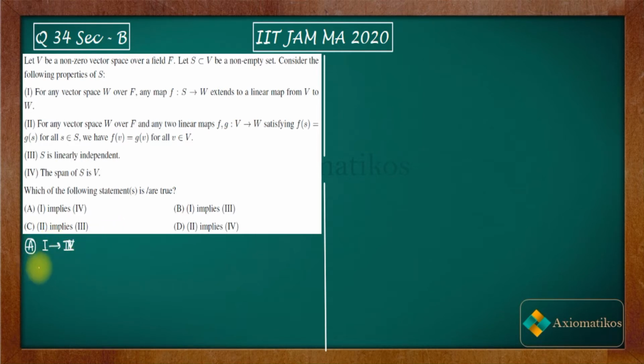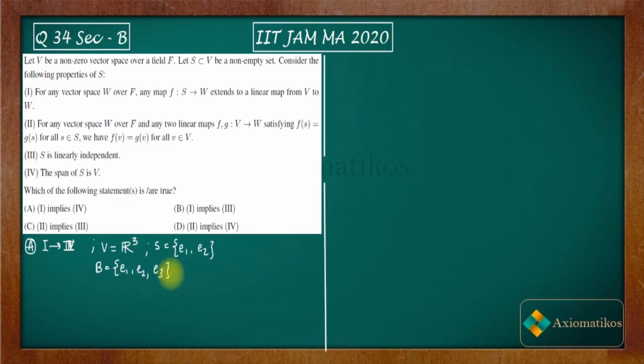So I will discard this option by just taking a counterexample. I am choosing my vector space to be R cube and my set S to be {e1, e2}. You know that the basis of R cube is e1, e2 and e3, the standard basis.